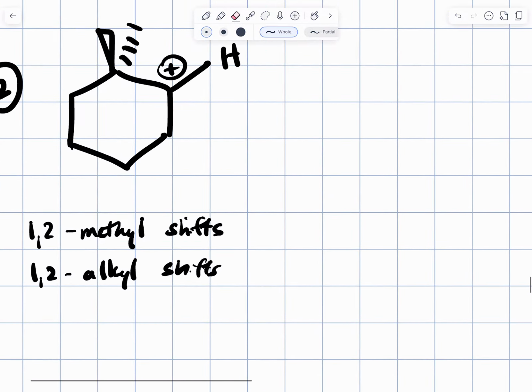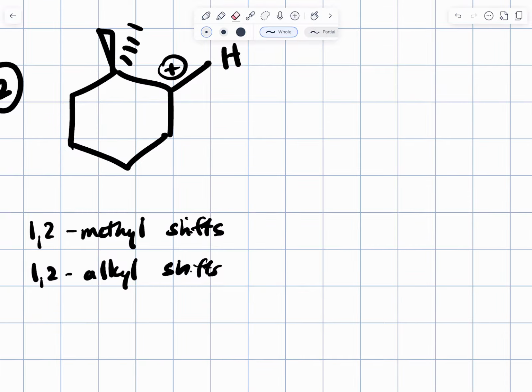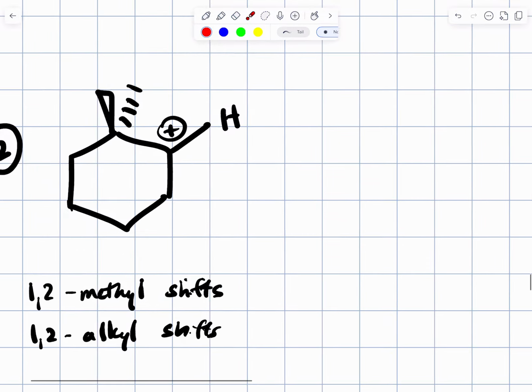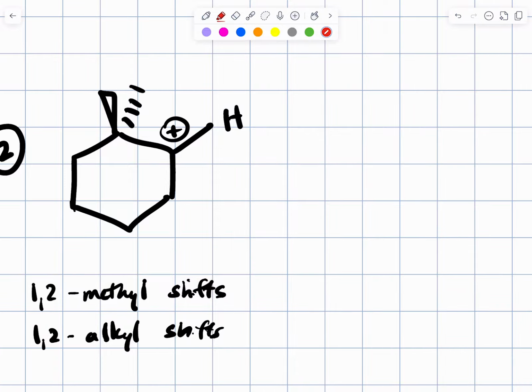So, imagine that this carbon here, and imagine that the molecule twists so that this carbon-carbon bond is hyperconjugating with the empty p orbital. To do that, we would probably need to adjust the way this molecule looks, and we can do that if you want.